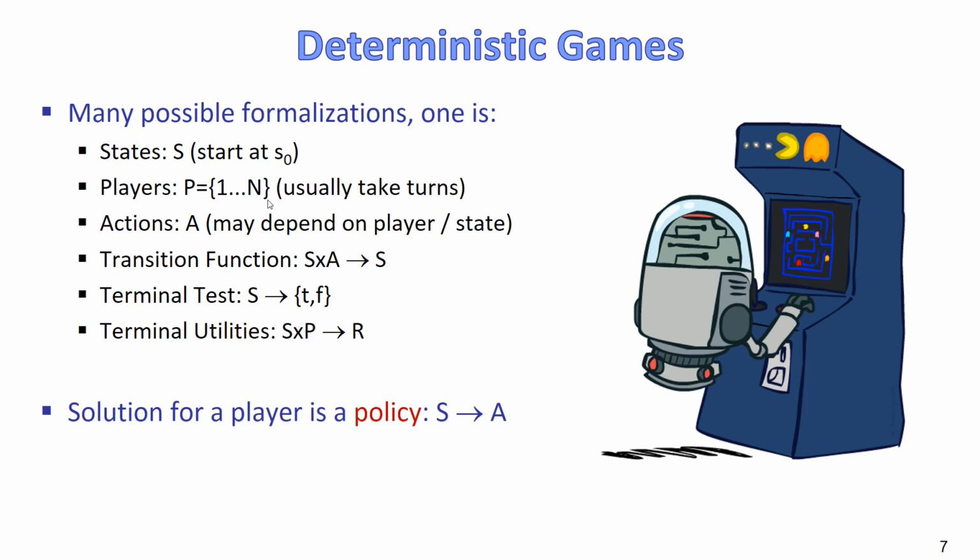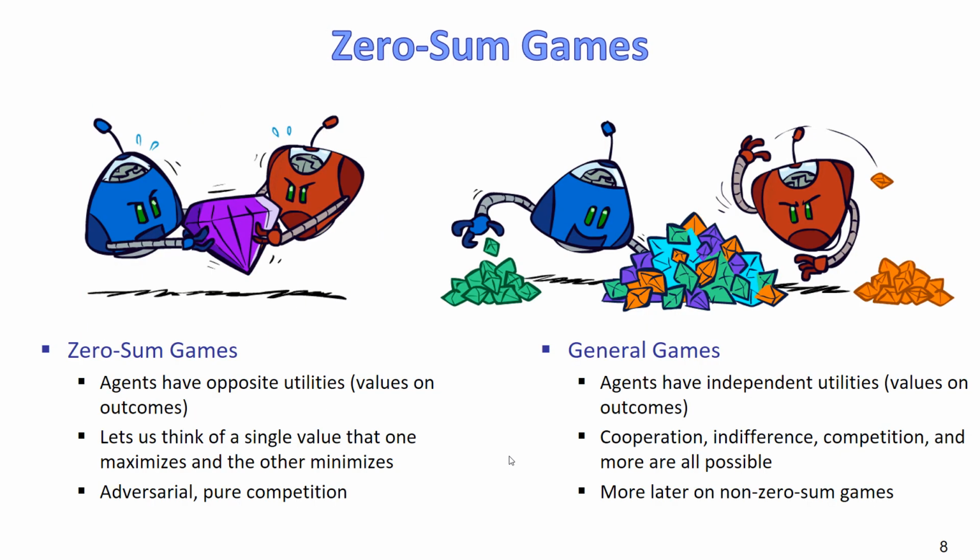Okay, so that's like the reward of the player at the end, or the number of points that the player got. Of course, that depends on the specific game. And again, the solution for a player is a policy that, given a state, will tell us the best action for that state, or moving from that state.